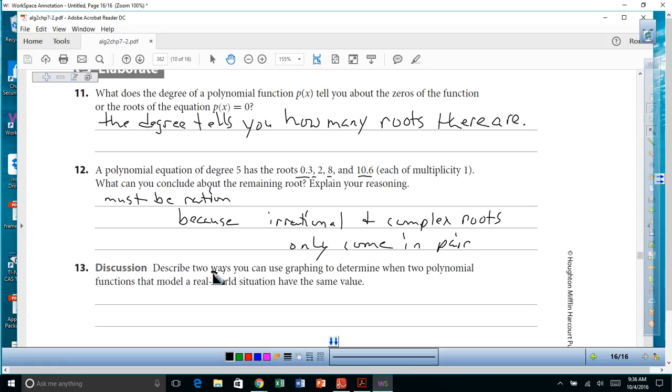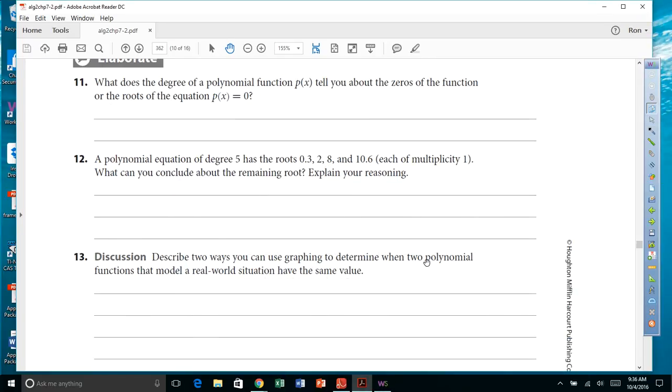Describe 2 ways you can use graphing to determine when 2 polynomial functions that model a real world situation have the same value.